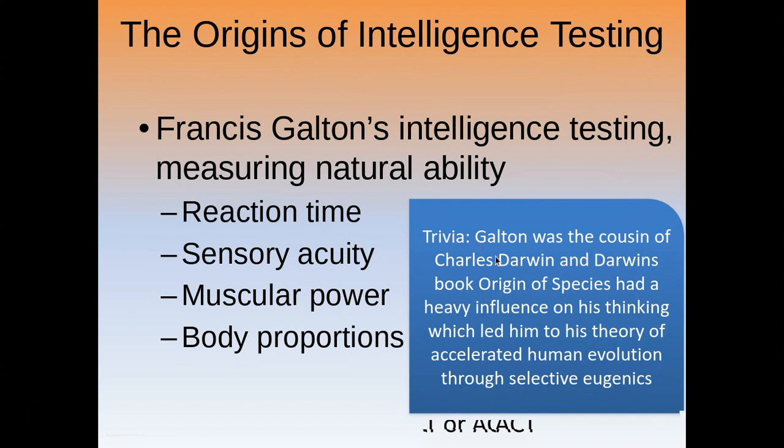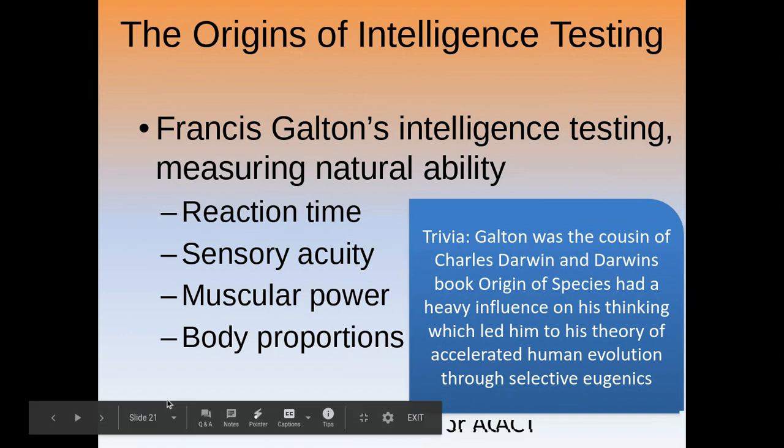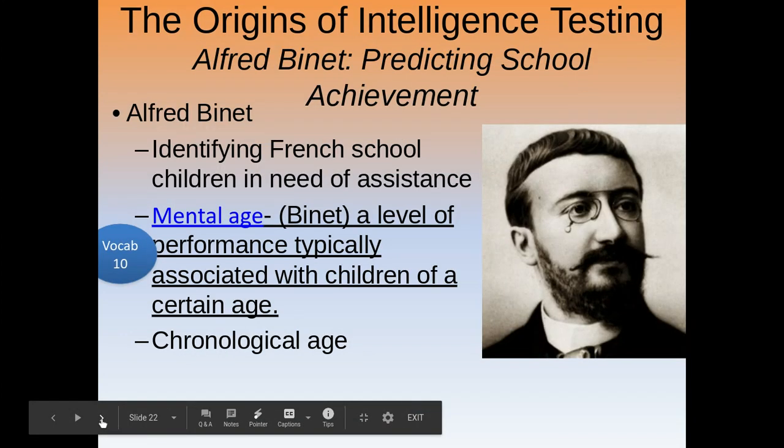Galton was a cousin of Charles Darwin, and Darwin's book, The Origin of Species, had a heavy influence on Galton's thinking, which led him to his theory of accelerated human evolution through selective eugenics, sort of like breeding for certain traits, which could be intelligence as well.